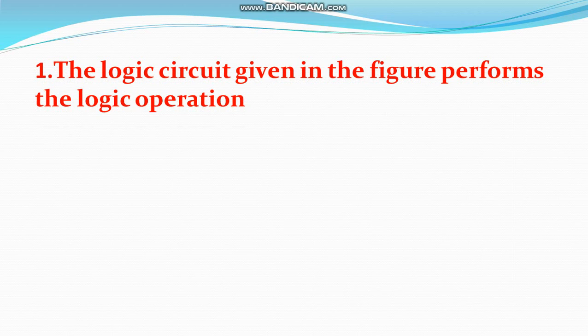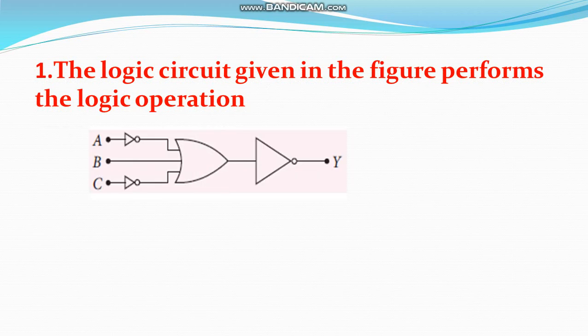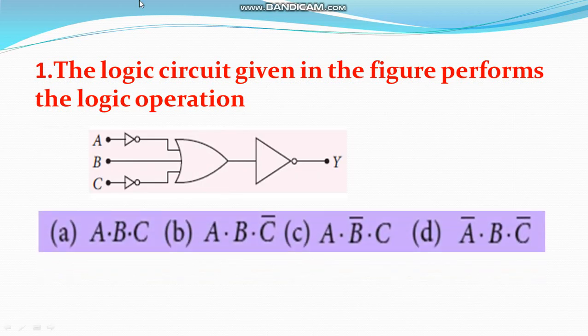First one, the logic circuit given in the figure for logic operation. See here, this NOT gate is there, so A becomes A bar, this is B only, and here a NOT gate is there, so C becomes C bar.